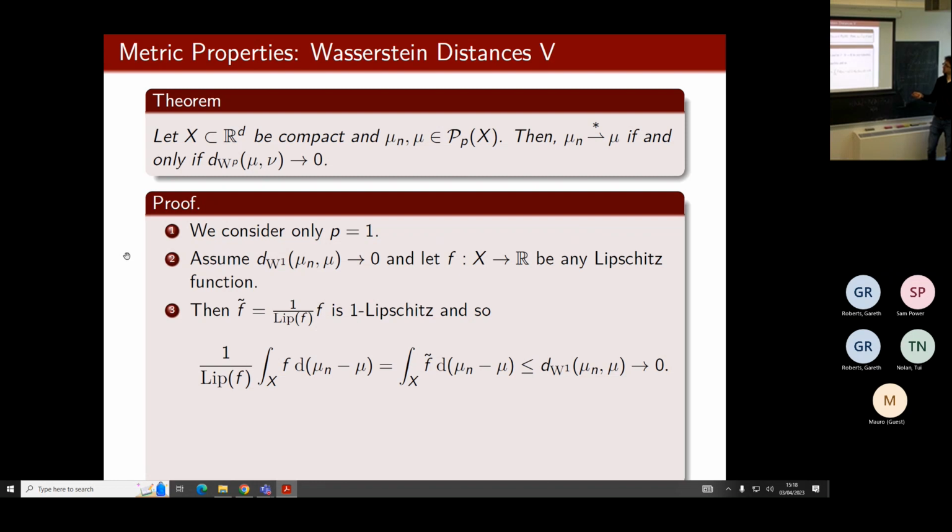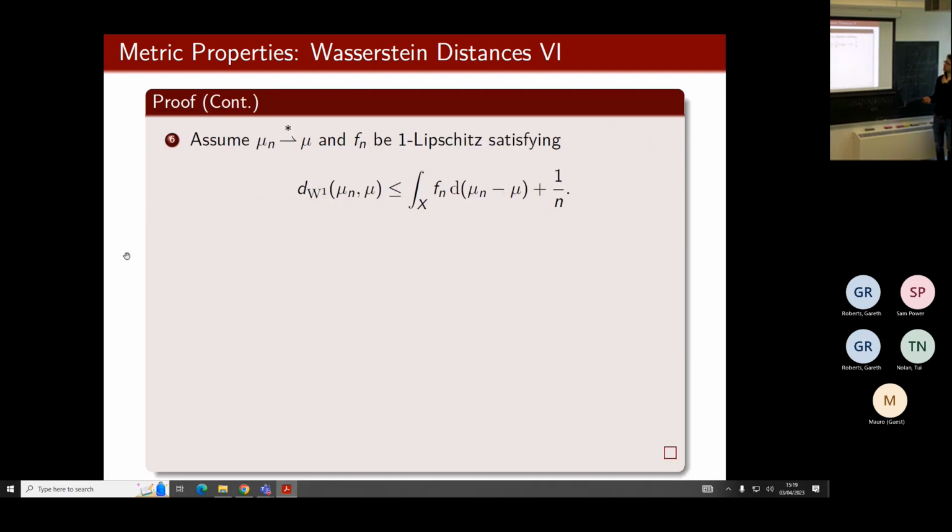And this is bounded by the 1 Wasserstein distance because this is a candidate in the admissible set for the Kantorovich-Rubinstein theorem. So we know that this is converging to 0. This is an upper bound, and I can do the lower bound in the same way, and conclude that I have this convergence to 0 here. So of course, I now know that mu n is converging to mu weak star.